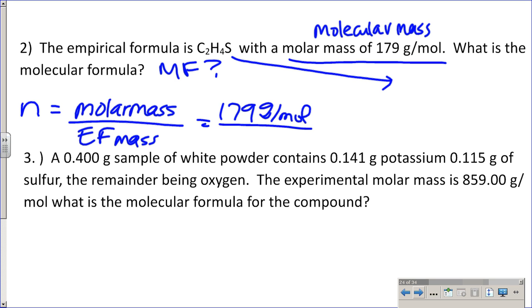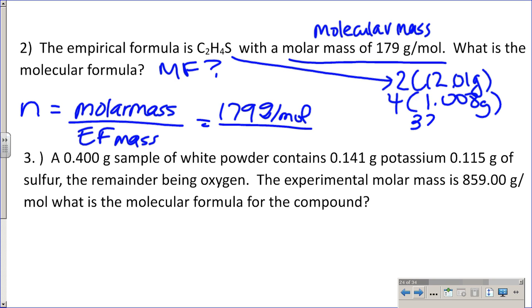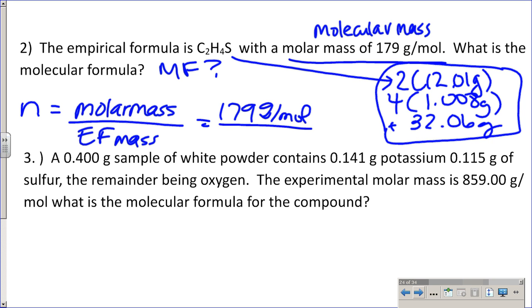So 2 carbons is 2 times 12.01 plus 4 times 1.008 for the hydrogens right there, plus sulfur, 32.06. So this added together is going to be the EF mass, because the EF was given to us.